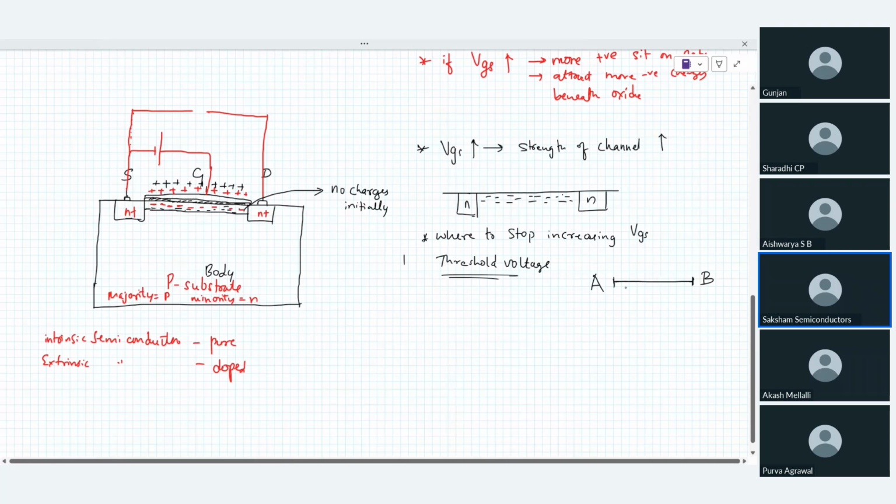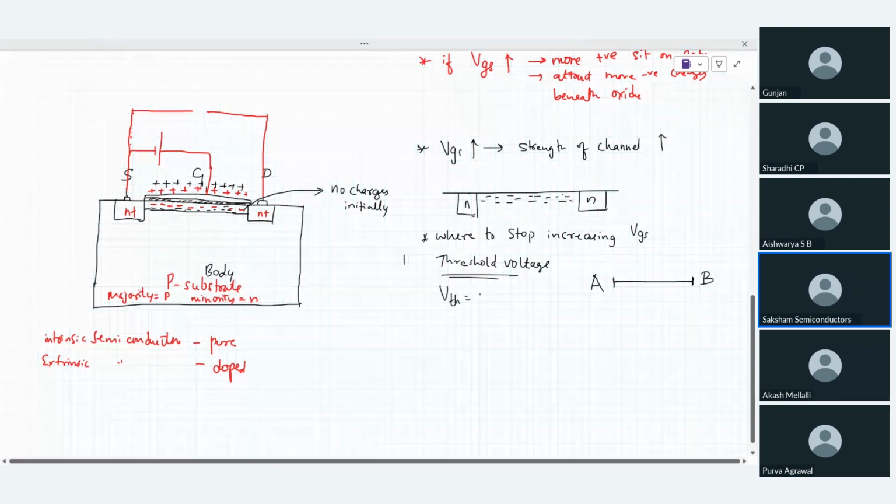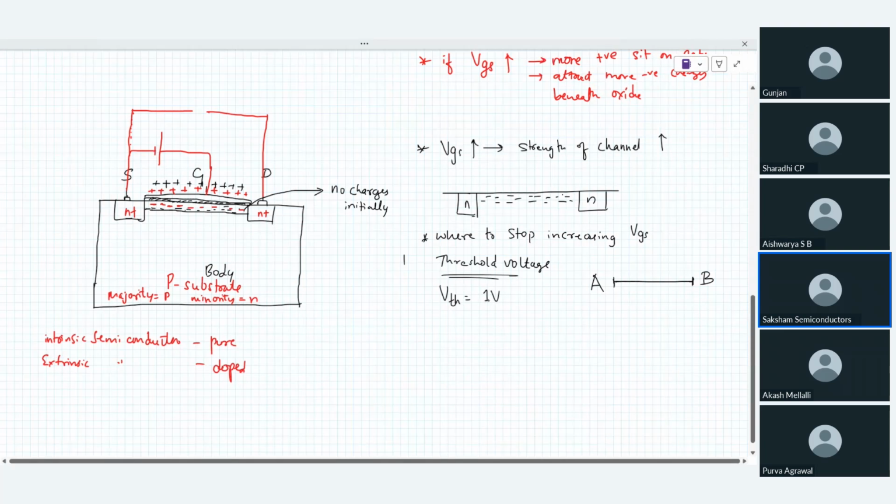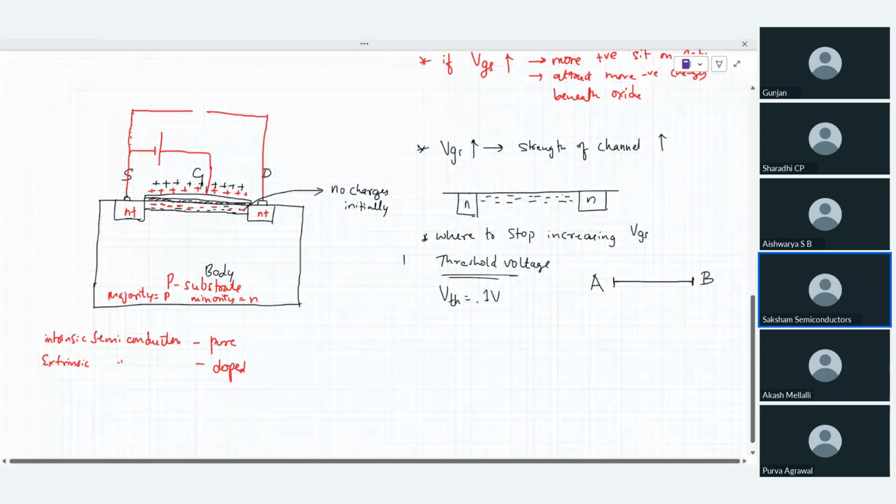Now here, it is defined with the help of the threshold voltage. Every MOSFET, when you buy it from the vendor, comes with a specification called threshold voltage, defined as VTH. Let's say that VTH is 1 volt, that means till 1 volt or slightly greater than 1 volt, you should apply your VGS.